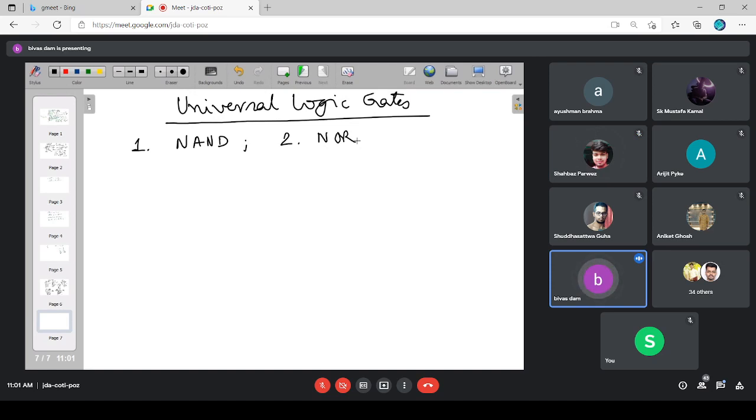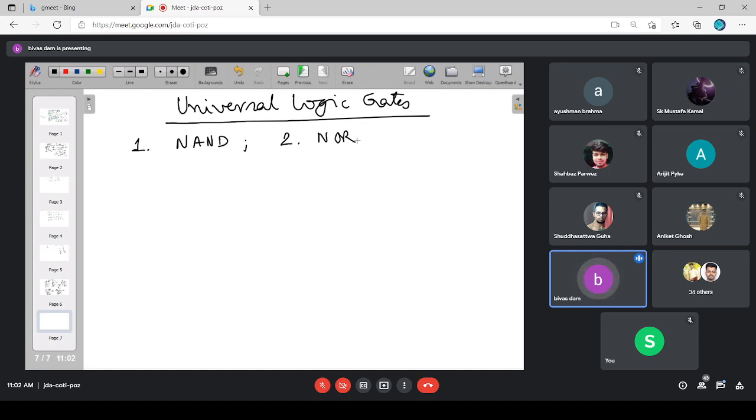One particular gate will be termed as universal logic gate if and only if I can realize all possible logic circuits using only that type of logic gate. If my OR gate has to be one type of universal logic gate, in that case, I should be able to realize any logic circuit, whatever it is, by using only OR gates.